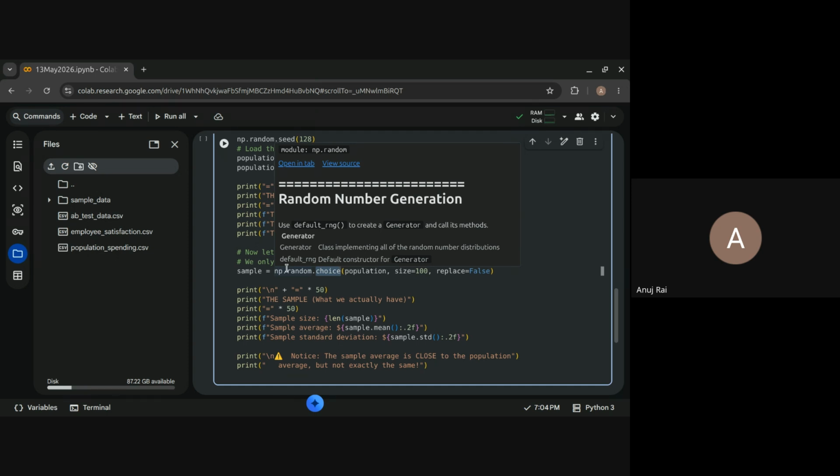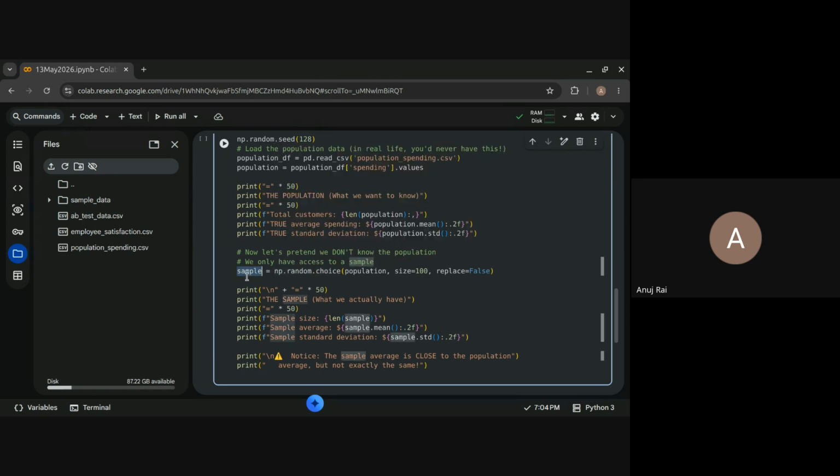If you want to do any statistical analysis, you will do a random choice, and that will be considered your sample. Here we are choosing a sample size of 100 from the population.